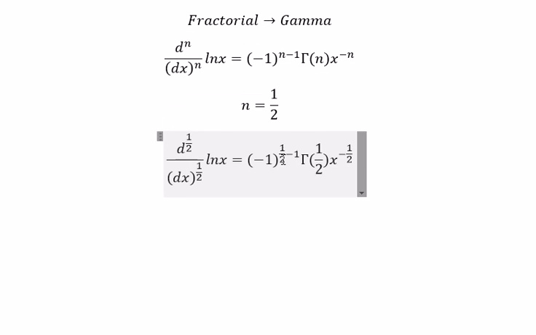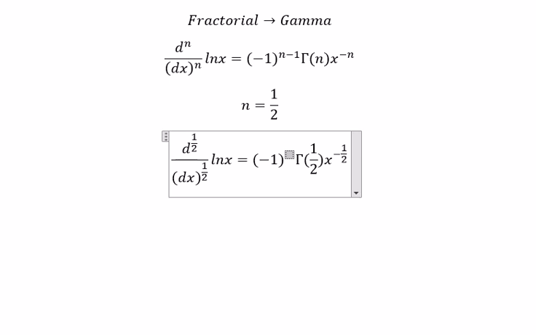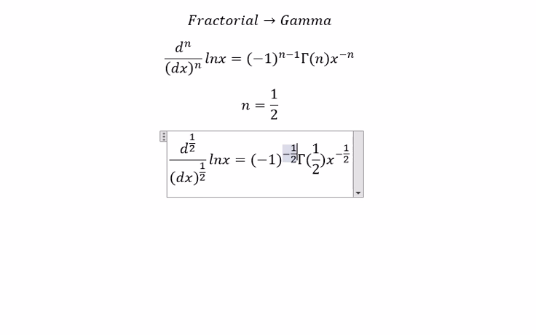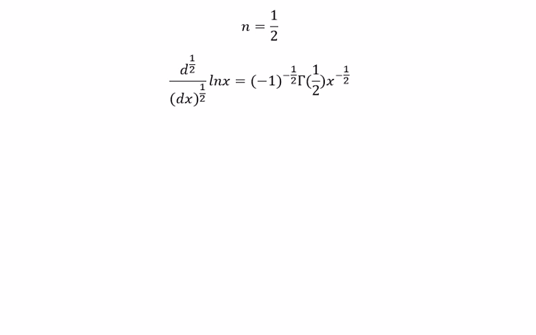We know that 1 over 2 minus 1 gives negative 1 over 2. So we have negative 1 over 2 and negative 1 over 2, and we put them under the denominator.